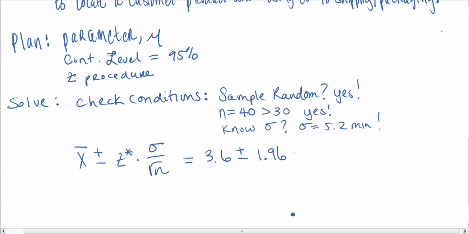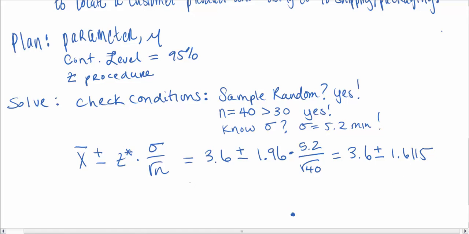5.2 over then a sample size of 40, the square root of that, which is equal to then 3.6 plus or minus a margin of error of 1.6115. I always recommend that you go out to 4 decimal places before you round.